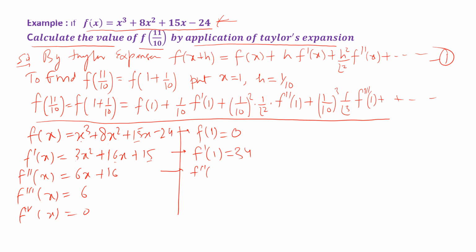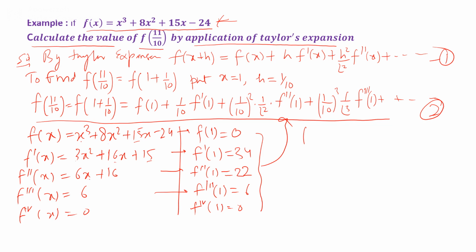F double dash at 1: 16 plus 6, we get 22. We just replace x with 1, and the third derivative at 1 is 6, and the fourth derivative is 0.